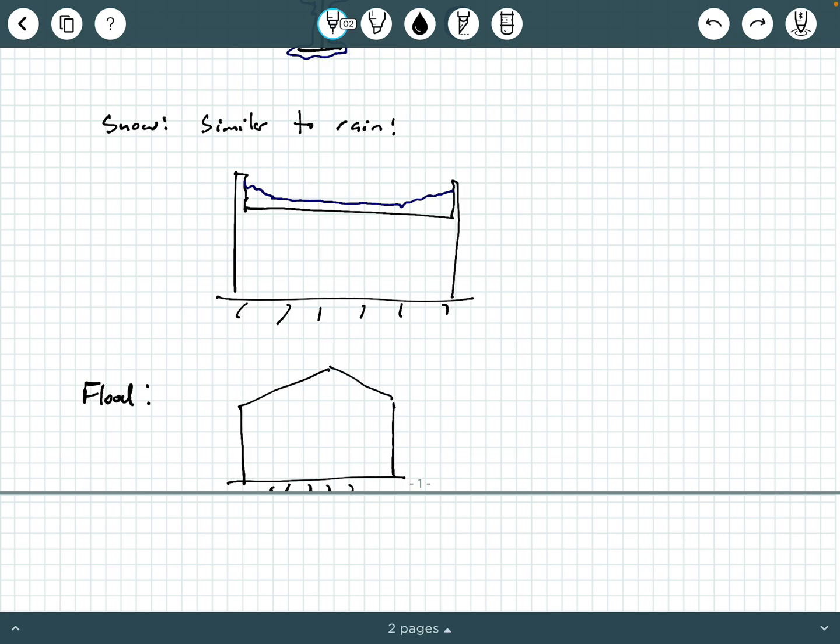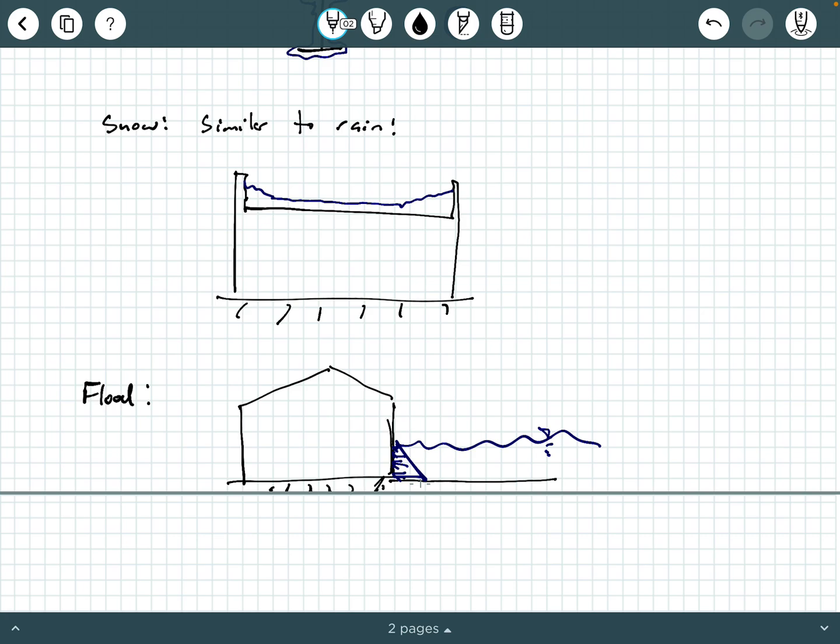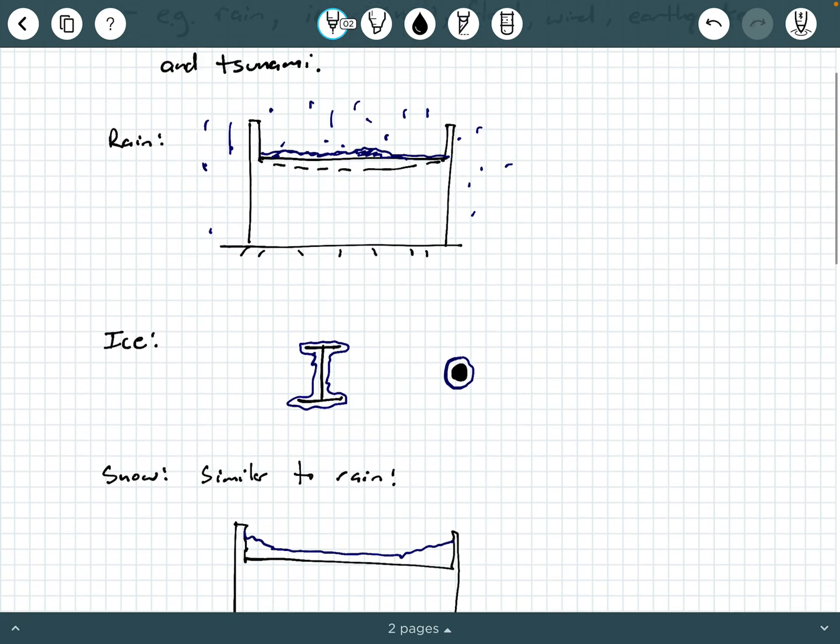Okay, and what can happen is you could have a buildup of water, right? So you have water here building up, and that water adds additional pressure to the side of a structure, and it tends to want to cause a lateral load in the structure and cause damage to it, cause it to deform. So flood loadings can be a problem, especially in coastal regions.